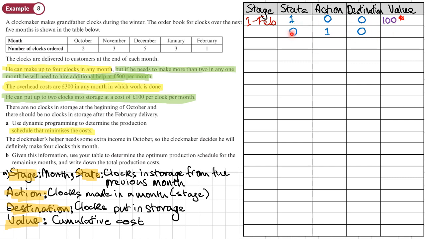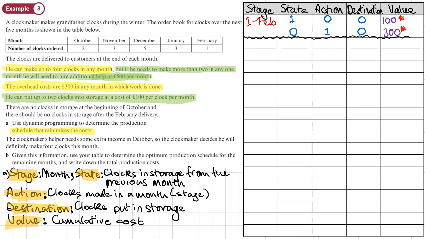If none are put in storage from the previous month, there's going to be no storage cost, but there is an action cost, which means I need to make a clock and I need to pay the £300 overhead because I'm doing some work, and so that's going to be 300. And again, for this state, this is the only option. So that completes stage 1.